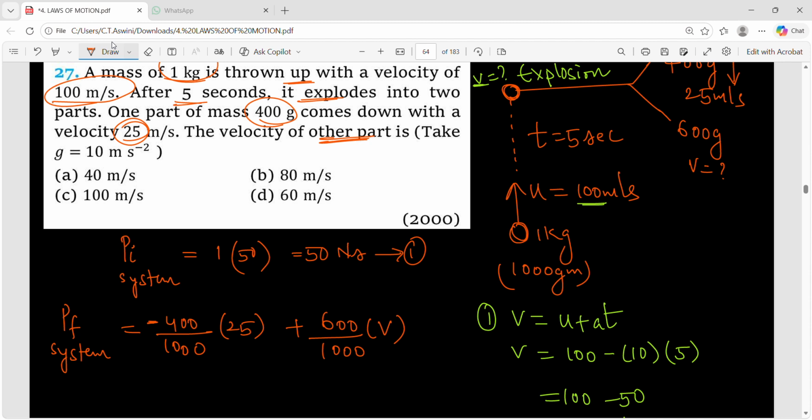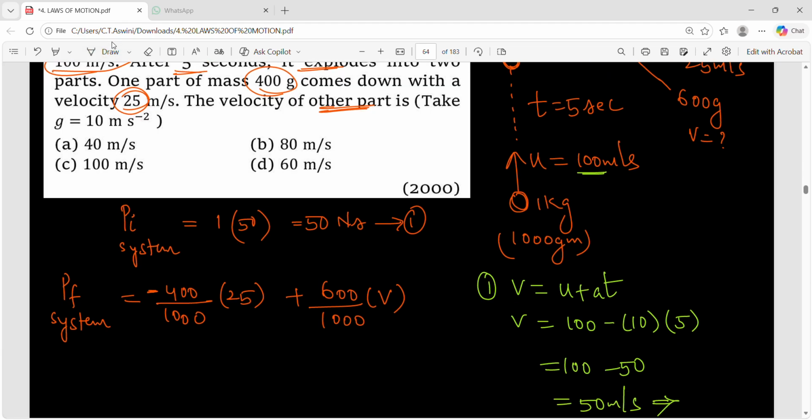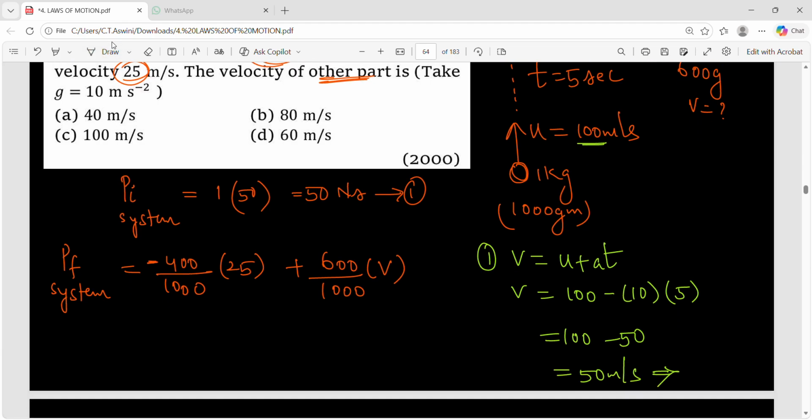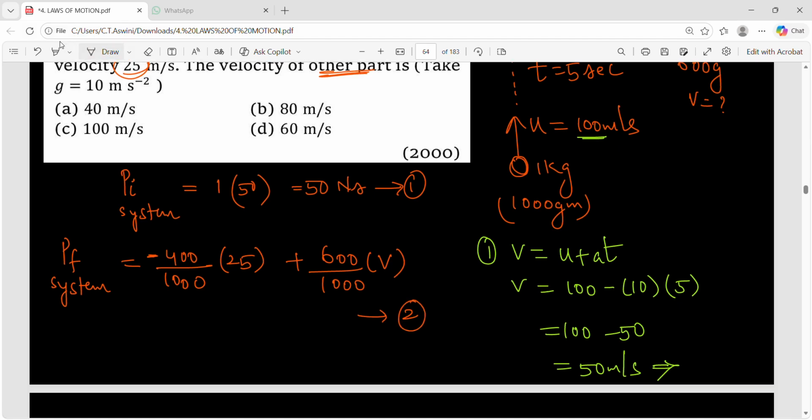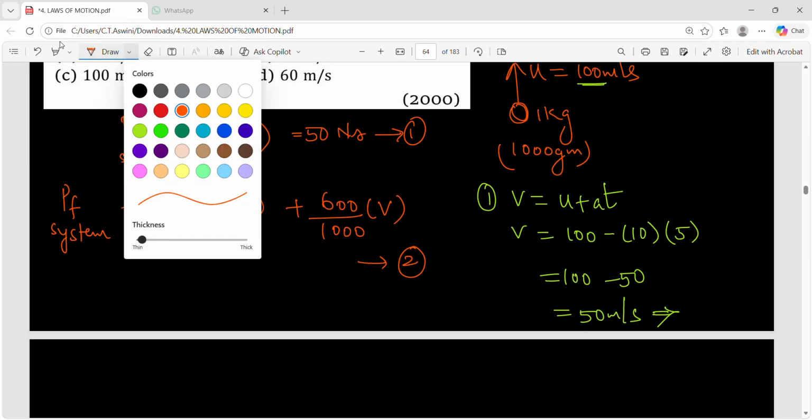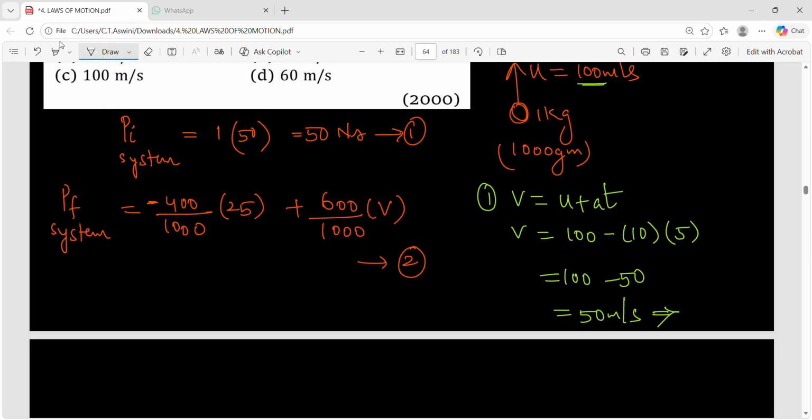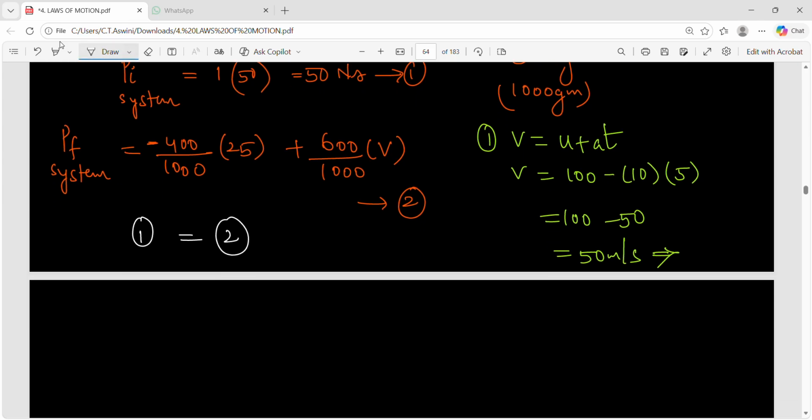We have studied sign convention in kinematics, right? Vector in downward direction, you have to take it negative. Second part we don't know, so just take it the same. Now this is your final momentum of the system. Now according to conservation of linear momentum, both have to be equal. So just equate 1 equal to 2. So what will you get?